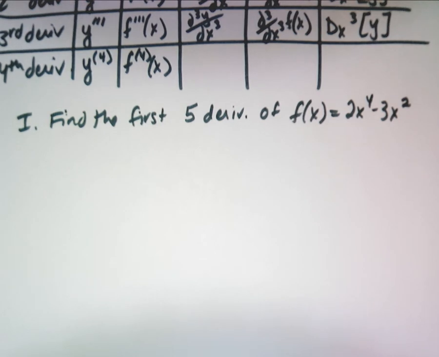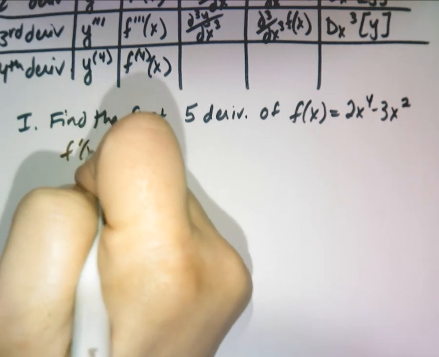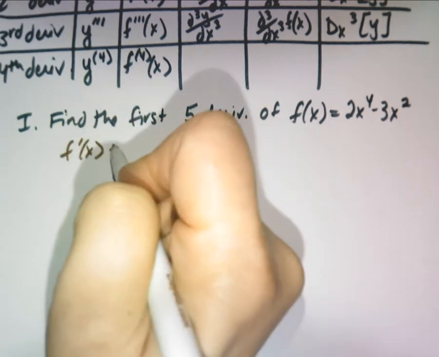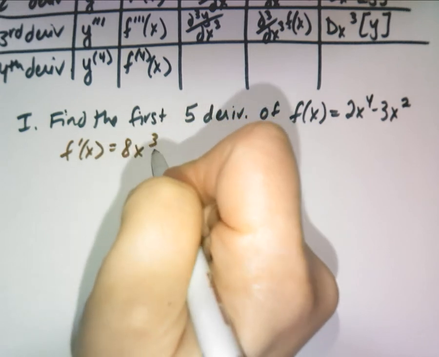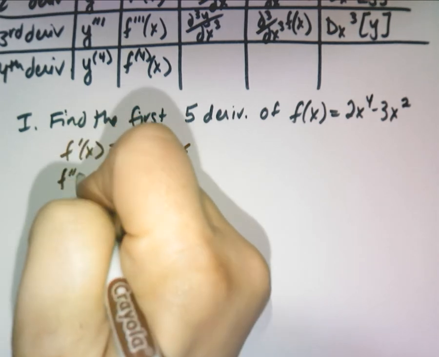And you should all know how to find good old first derivative. What would that be? 8x cubed minus 6x. Now, what do you think mathematically you should do to find the second derivative?